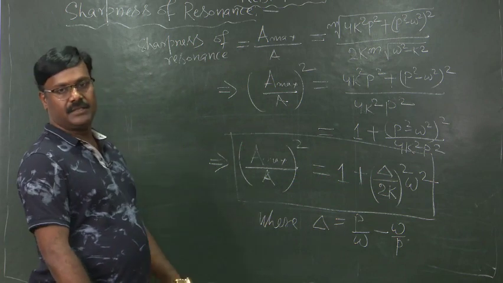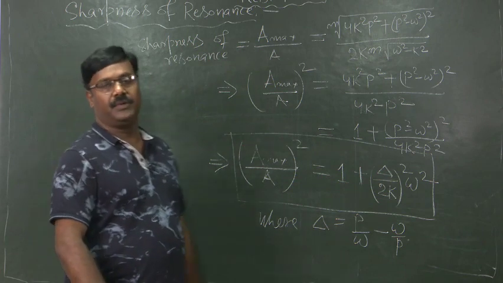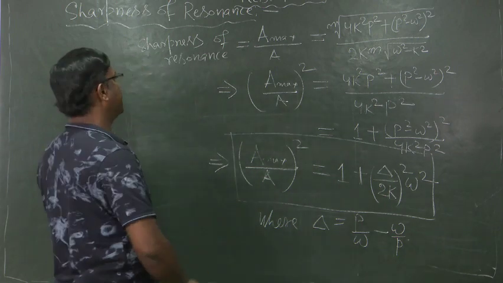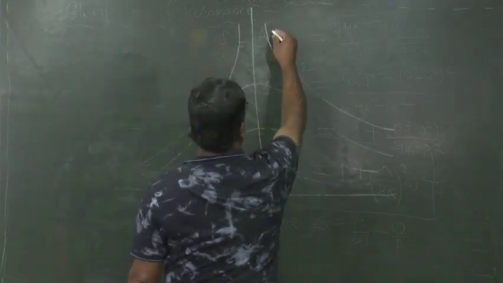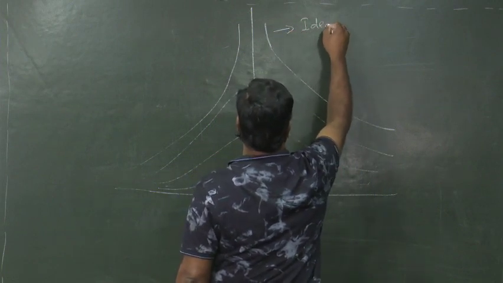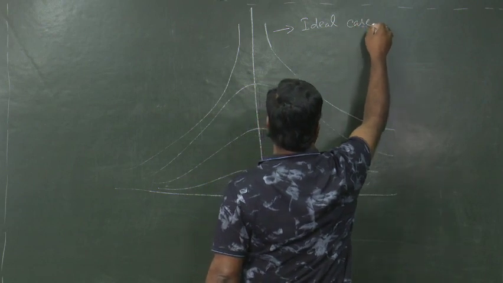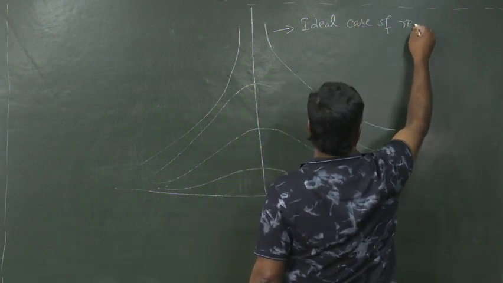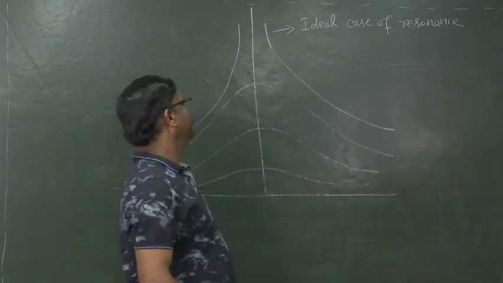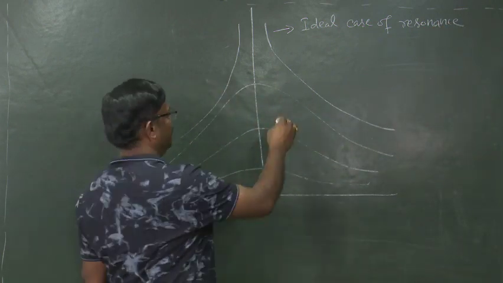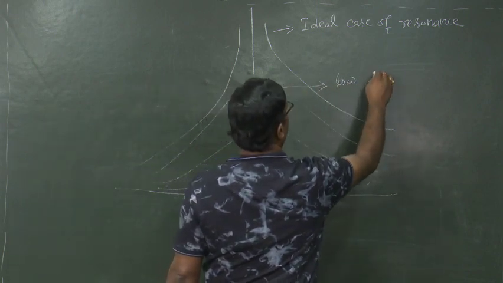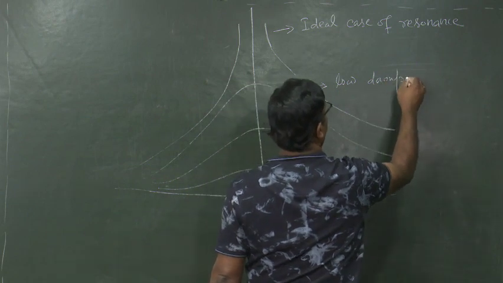Let us take the case of a graphical representation of the sharpness of resonance. This case represents the ideal case of resonance. This is the case of low damping.